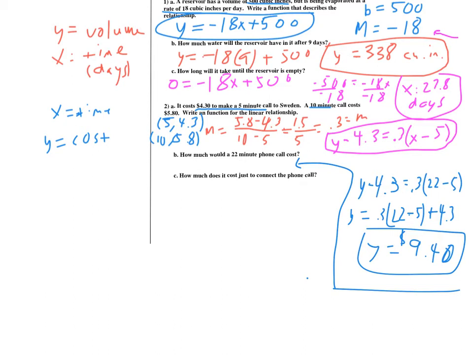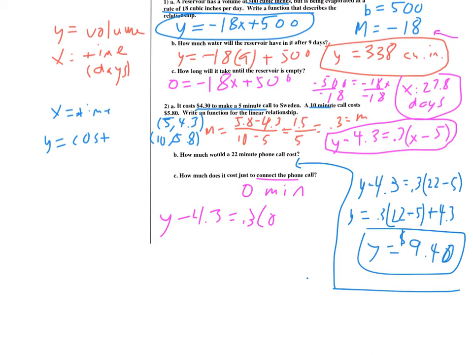All right, next up, how much does it cost just to connect to the phone call? So this would be a 0-minute phone call. So just as soon as I dial, I already owe money. And so to figure that out, I'm just going to plug in 0 for x. If you found the y-intercept, if you put this in y equals mx plus b form, that's actually also this answer.